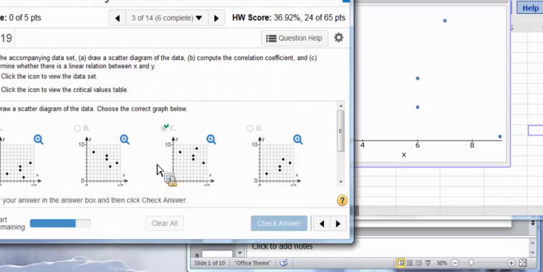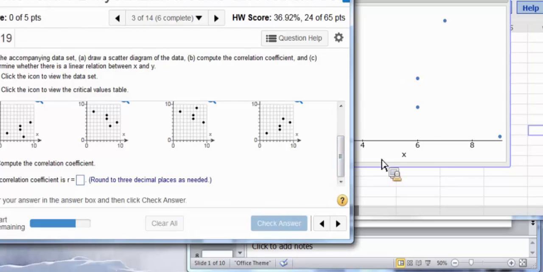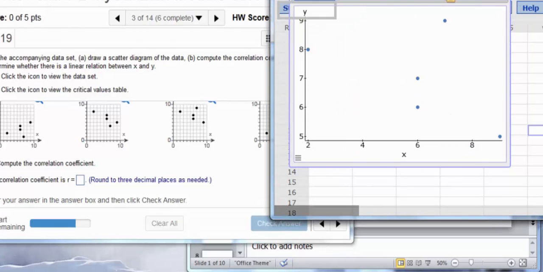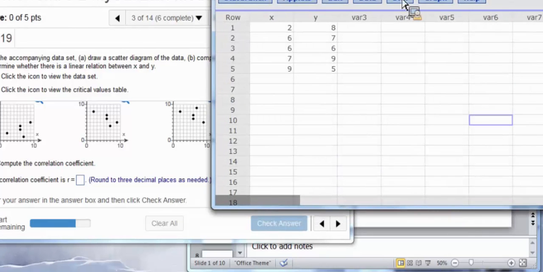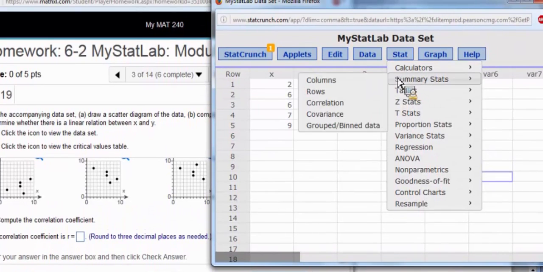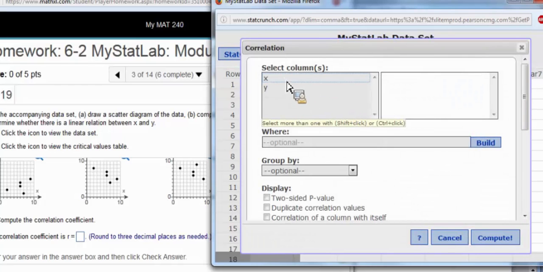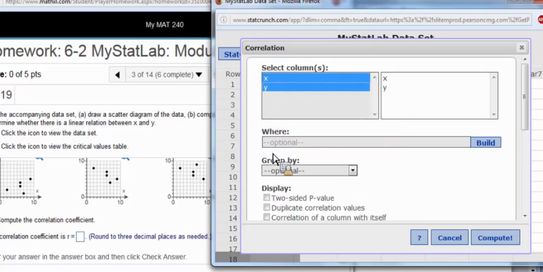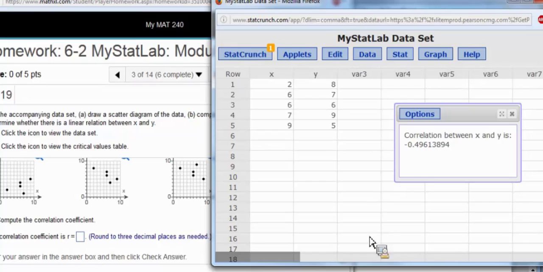Next, calculate the correlation coefficient. So close this off. The correlation coefficient is one of the basic summary statistics. So summary stats, correlation. Choose X and Y in any order. The correlation of X and Y is the same as the correlation of Y and X. Compute. Minus 0.496.